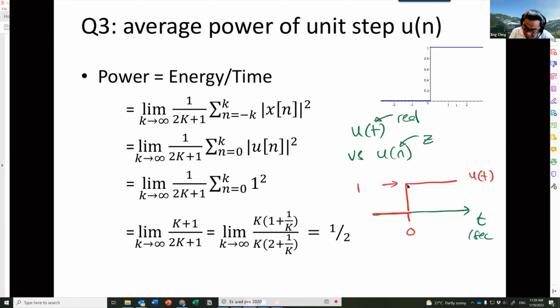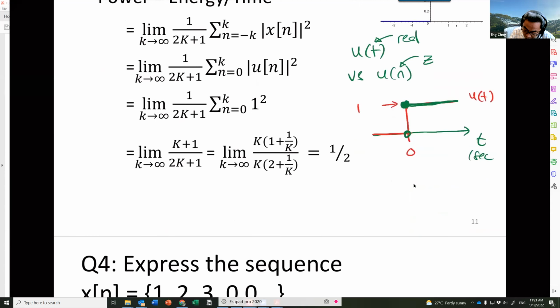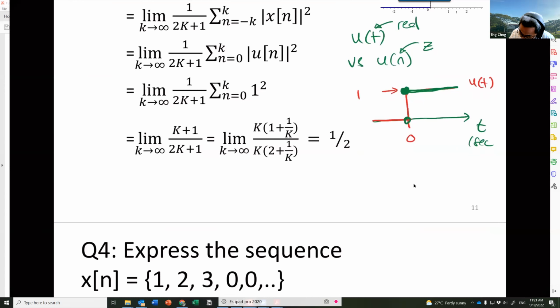So if I want to be very, very precise, I'll draw a point here, and I'll draw a circle here. So this is in your calculus. And if I draw a filled circle here, it means at time 0, it is 1. This is an open circle, which means you will stop here. At time 0, there's only one value, which is 1. Okay. So maybe I should draw it this way. Then you can draw it this way.